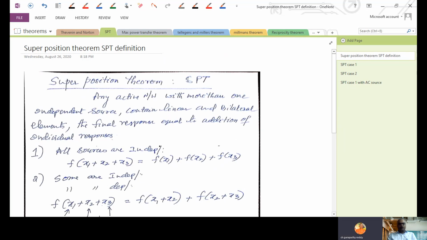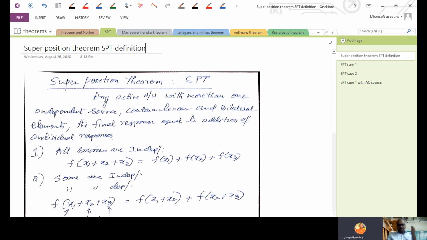This is the fourth important theorem, SPT, superposition theorem. Earlier I used the word superposition principle. What is the principle? One by one we take the sources and find the response. The theorem is also the same thing, only officially we use the word theorem. If you know the principle, you automatically know the theorem.